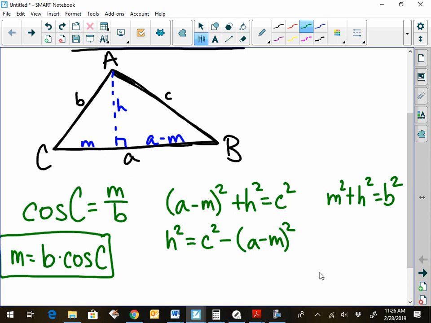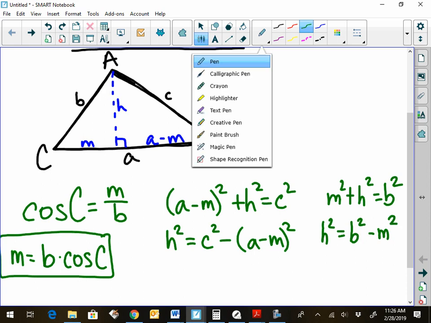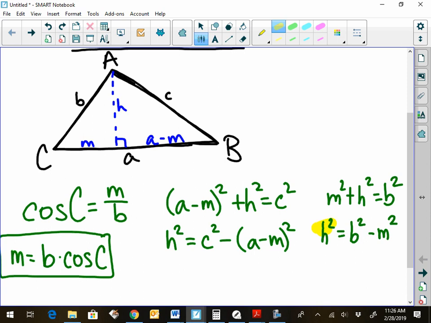Now, this one, remember we want to get rid of things, so I'm going to solve this for h² also. So I have h² equals b² minus m². Notice how both of these sides are equal to h². If they're both equal to h², then I can set these equal to one another.